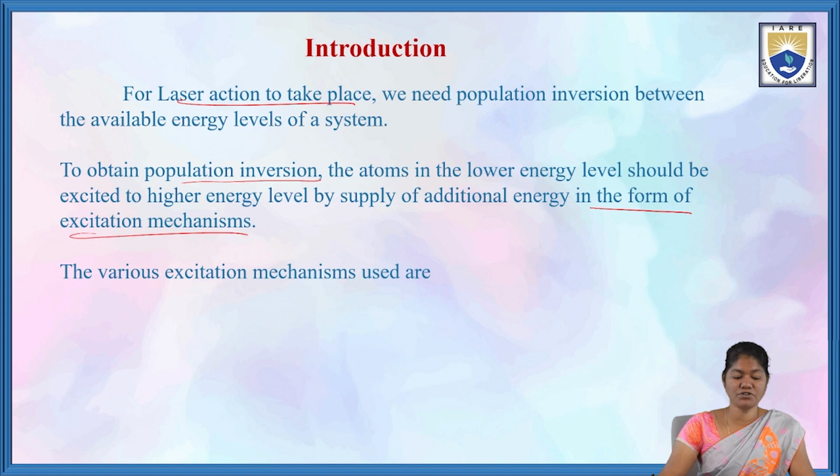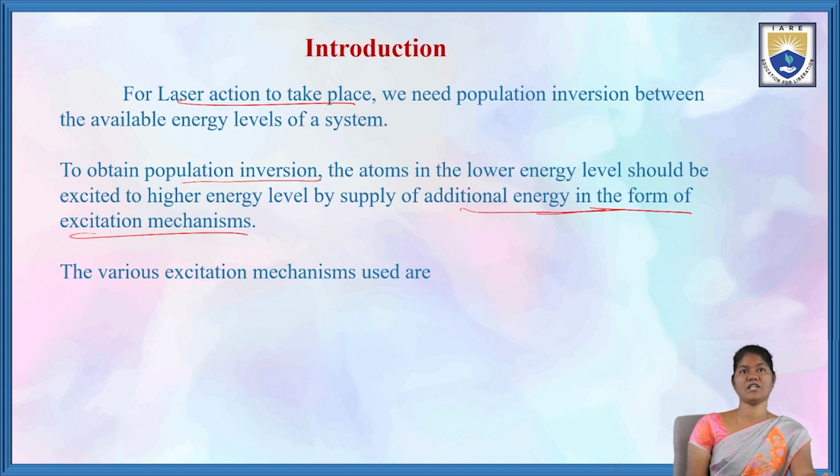So we have to invert the population of the lower energy state. To make more atoms in the excited state, we need to supply some additional energy in the form of an excitation mechanism.